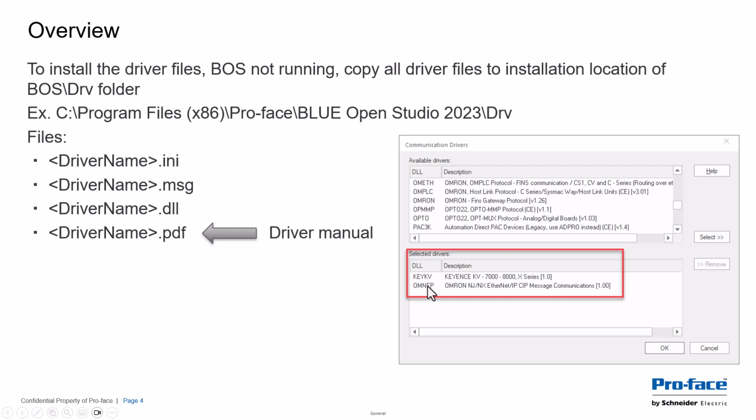So typically, that's going to be C, Program Files, x86, Proface, Blue Open Studio, and then the DRV folder. And here you can see the different files that make up the driver: the INI, the .msg, the DLL itself, and then there is also a PDF, which is the driver manual.